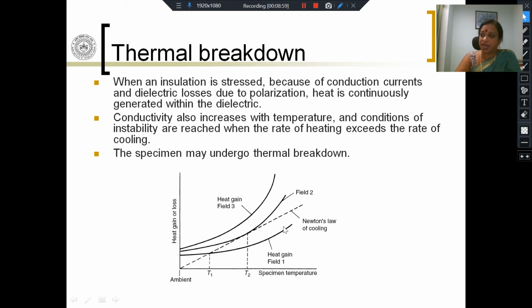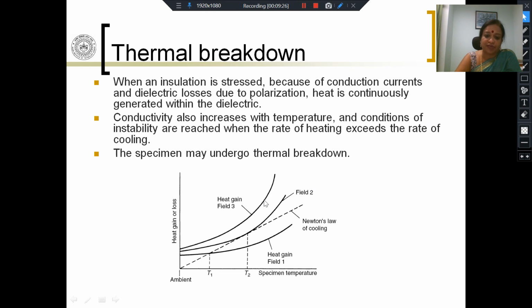Here also there is heat gain, but the heat gain is always lower than the cooling law. So effectively you do not have overheating. Some heat is gained, more heat is lost. In field 3, you have a situation where the heat gained is much faster, the rate of heating is much higher than the rate of cooling, and as a result, this scenario can give rise to breakdown.